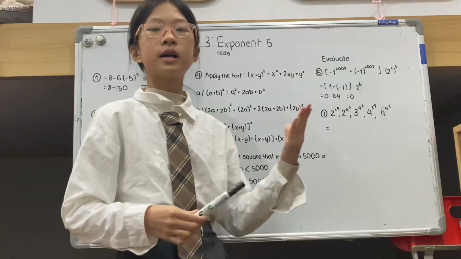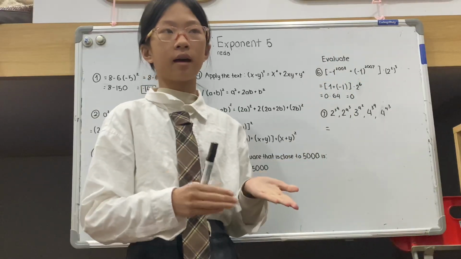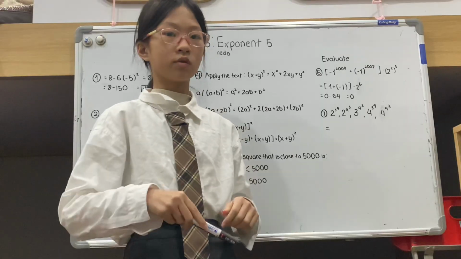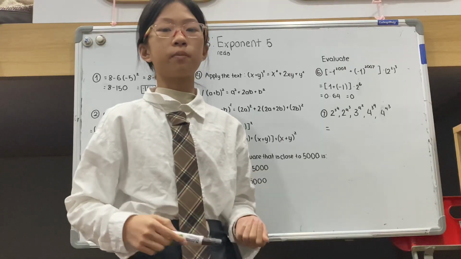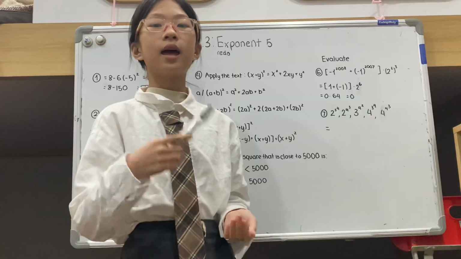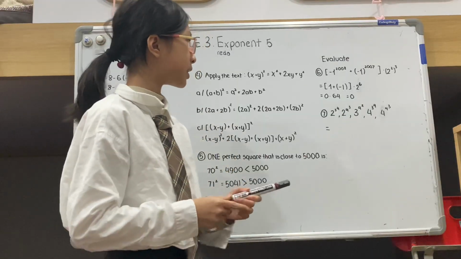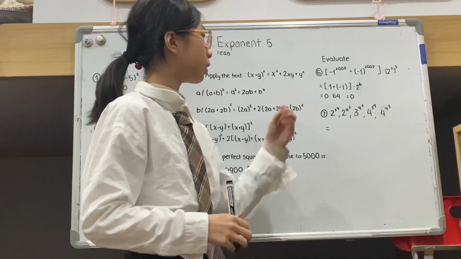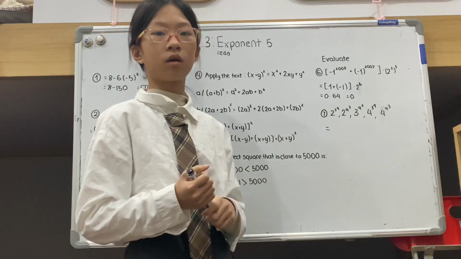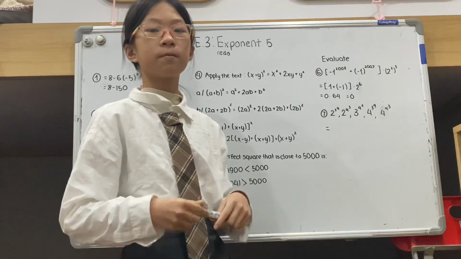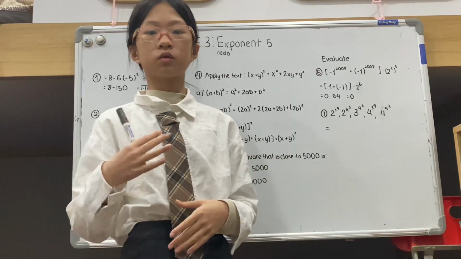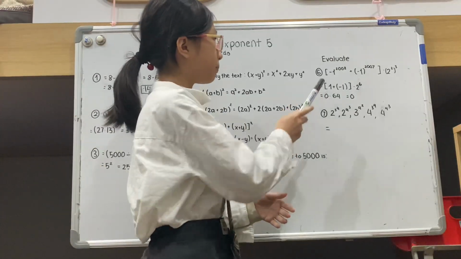For example, negative 1 to the power of 4 equals 1. Negative 1 to the power of 6 equals 1. And right here, Mrs. Pratt has given us negative 1 to the power of 2008, which is an even number, so it will equal 1.